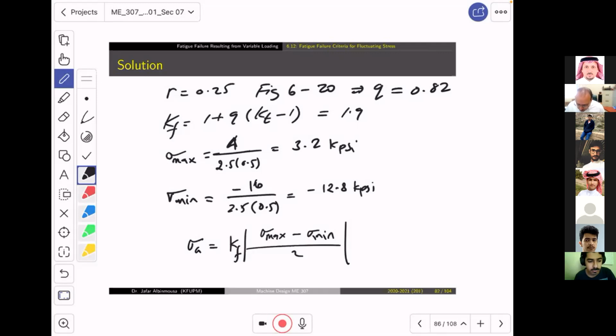Now, this is going to be equal to Kf, which is 1.9, multiplied by sigma maximum, 3.2 minus 12.8, and divided by 2. This is going to give you a sigma amplitude of 15.2 kbsi.